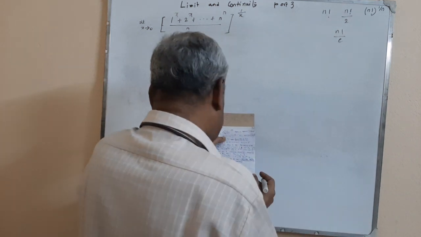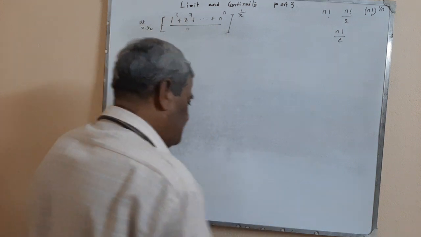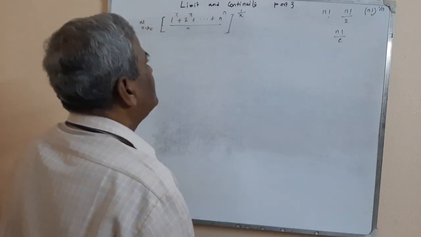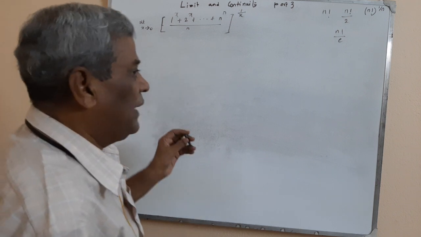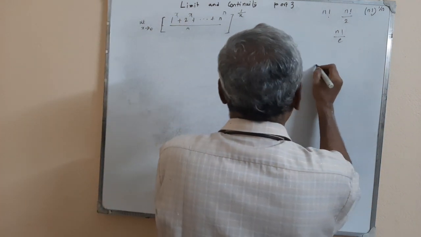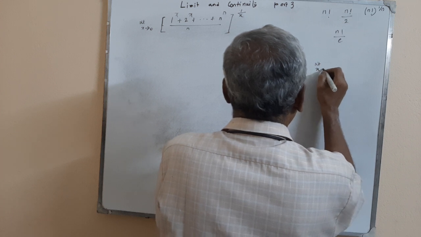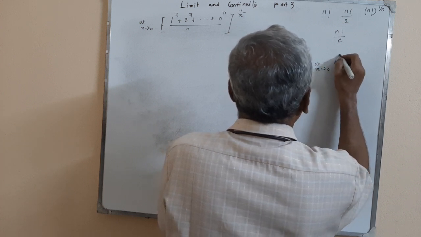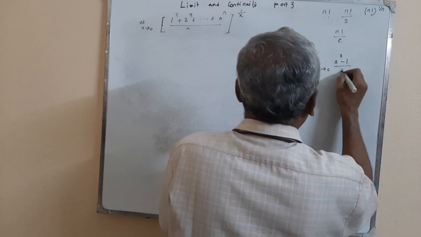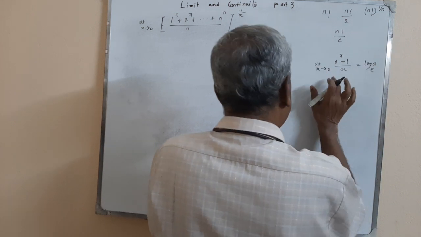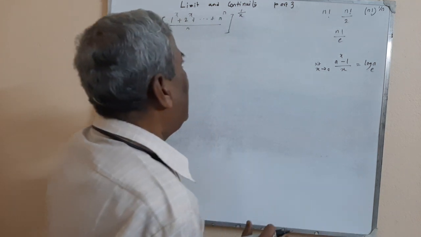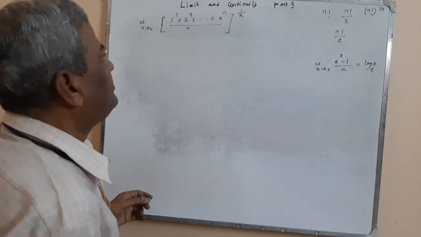These are the options. To solve this problem, I use the formula limit x tending to 0, a to the power x minus 1 by x is equal to log a base e. Using this formula, I think we can solve it.